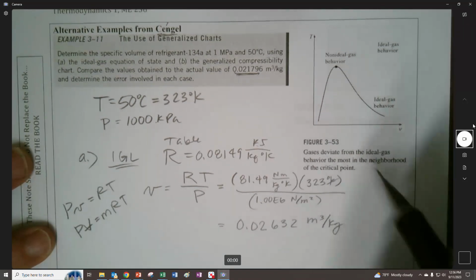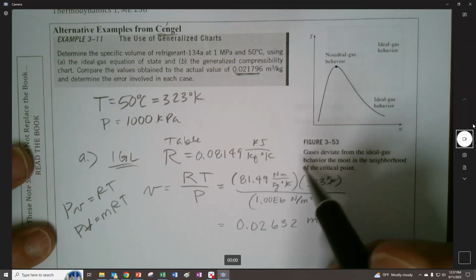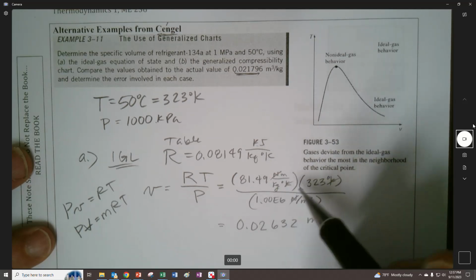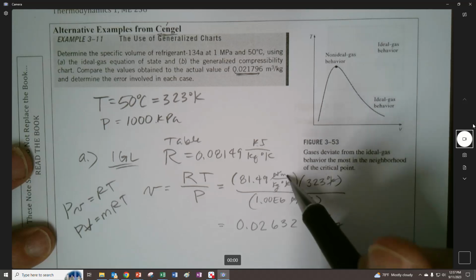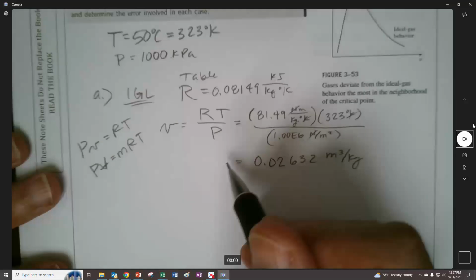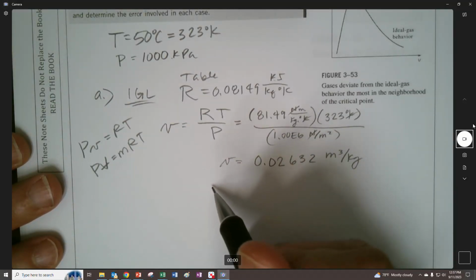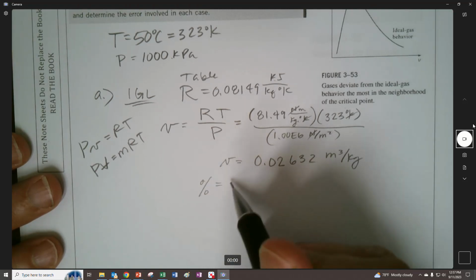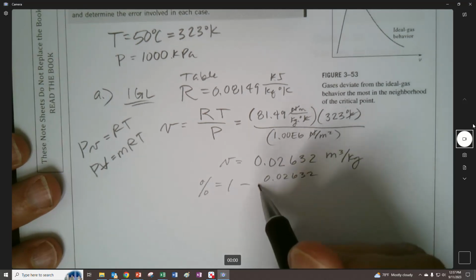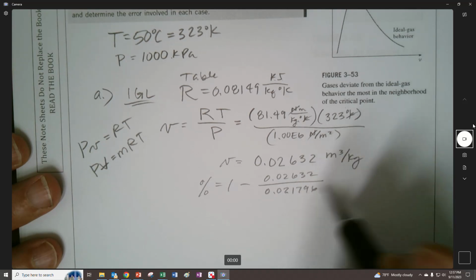If you wanted to prove that to yourself right there, the Kelvin goes away, the Newtons go away, and we're left with meters squared times meters. There's your cubic meter per kilogram. So there you go. And if you're going to compare this with the one up above, you would say 1 minus 0.02632 divided by 0.021796.